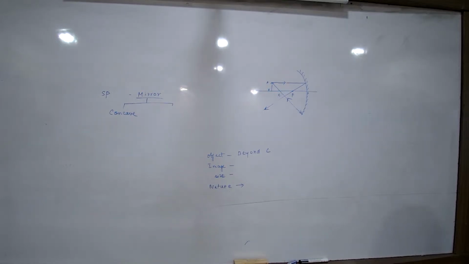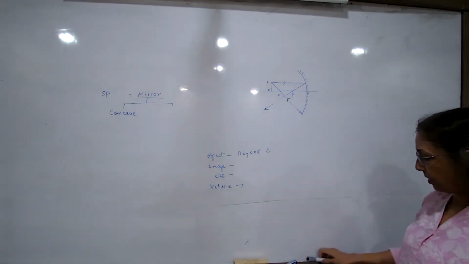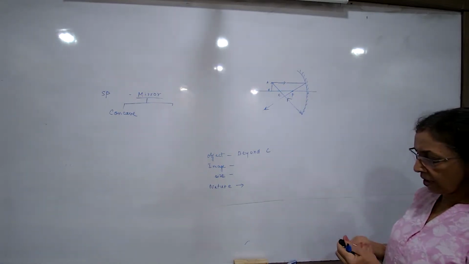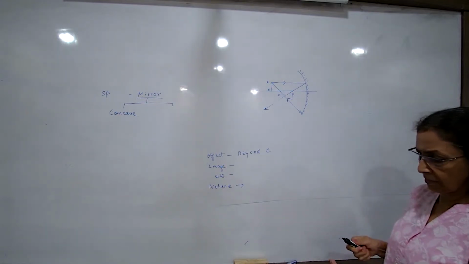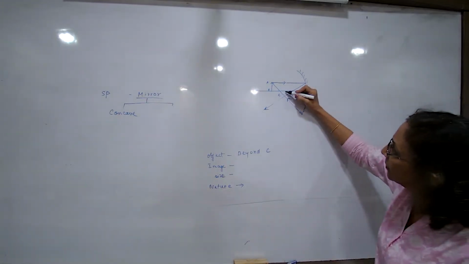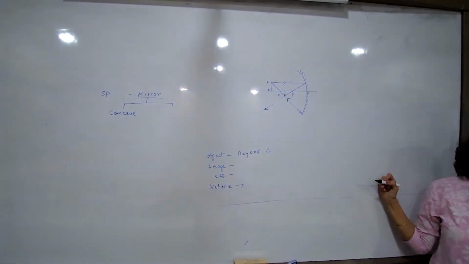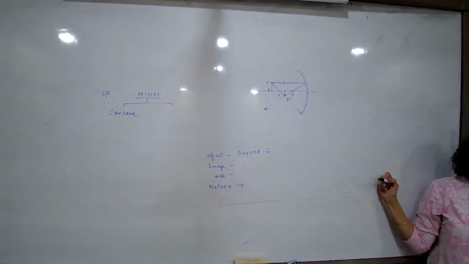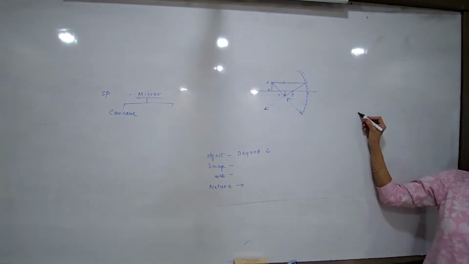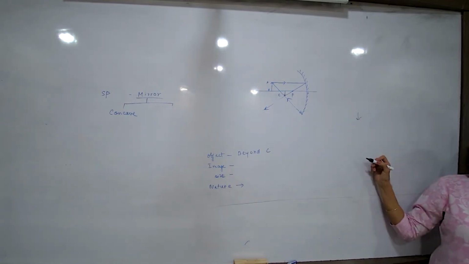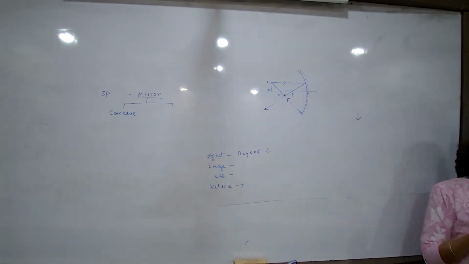Do you find the two reflected rays intersecting? Where is it intersecting? It is here. Okay. So this is where the image will be formed. What is that? What have I drawn like this? Inverted. It is an inverted image.